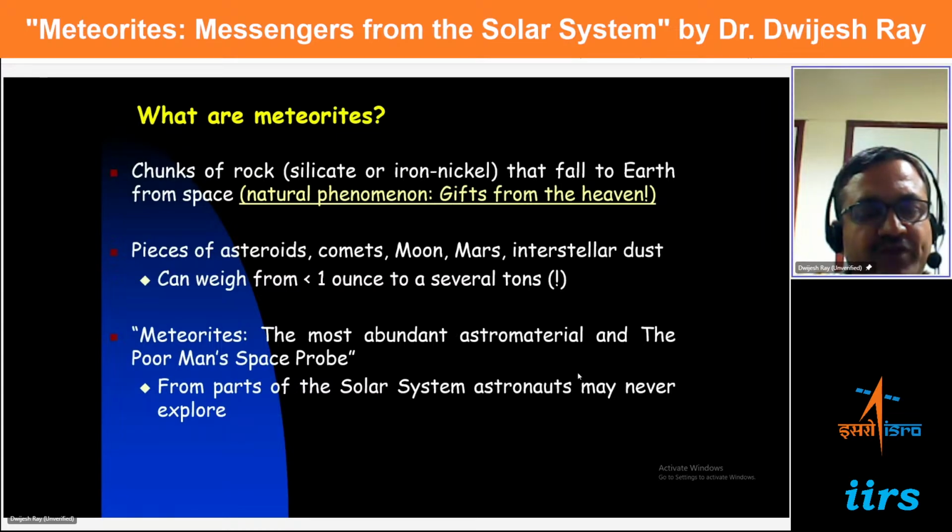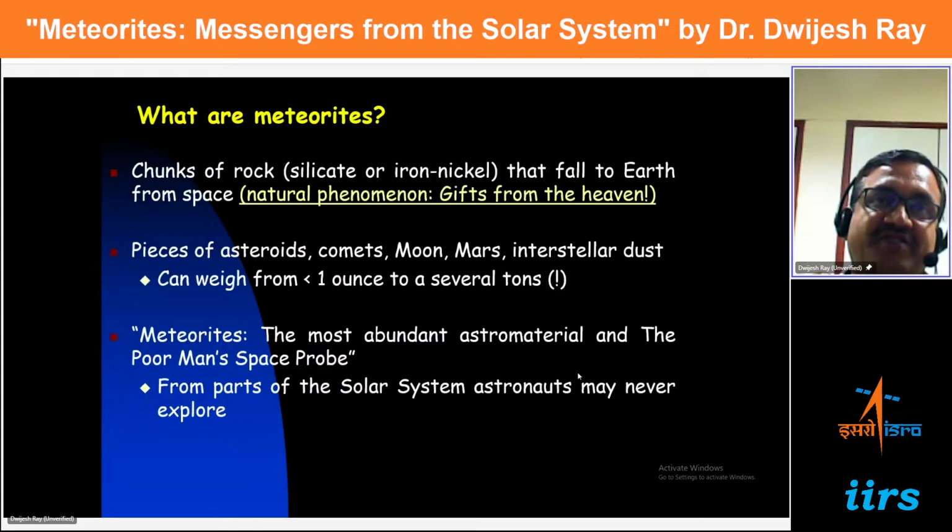Most of the earlier concept was that a meteorite is a gift from the heaven. But most importantly, it's a natural phenomenon. So we can't call something a meteorite which is not natural, like space junk, maybe remnants of rockets or satellites.